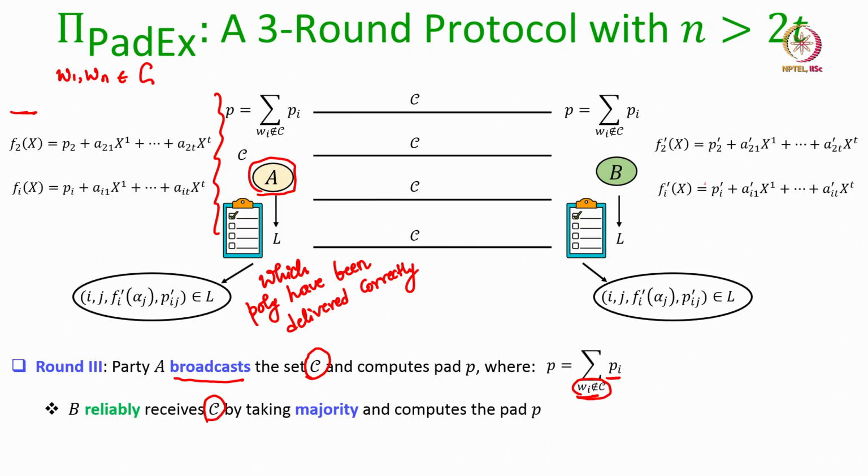Their constant terms are taken, summed up, and that is a pad P.